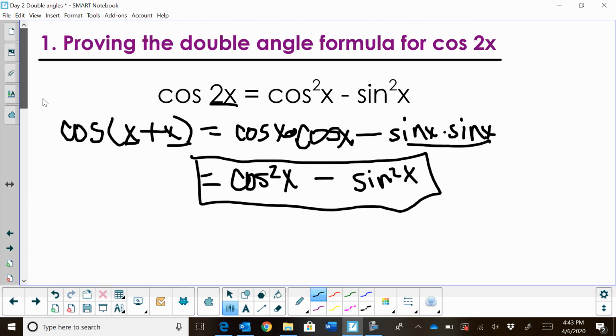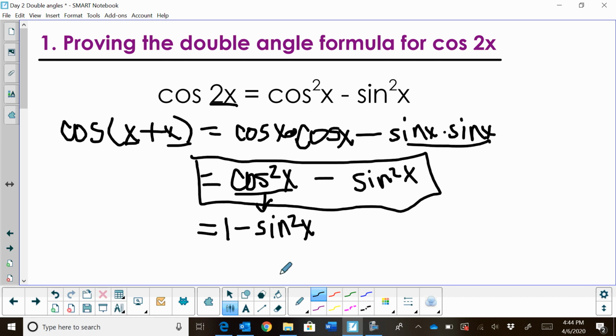Now, this one has different forms. So let's talk about the different forms. We know that cosine squared is equal to 1 minus sine squared because of the Pythagorean identity. So if I want this formula to be in terms of sine or cosine only, I can use my identities. So if I use 1 minus sine squared to write it in terms of sine squared, let's plug that in for cosine squared.